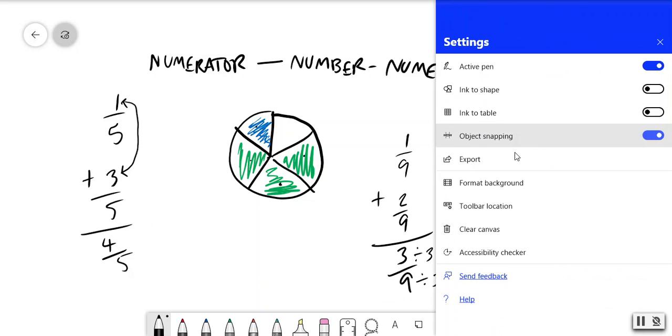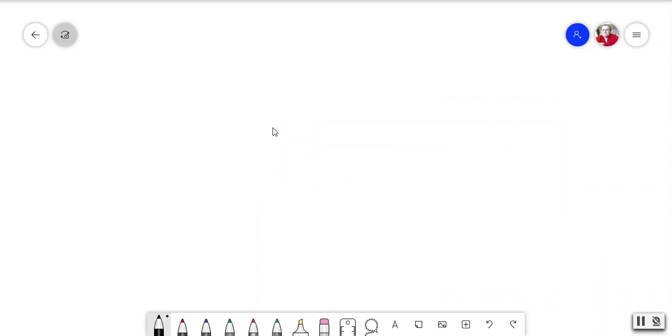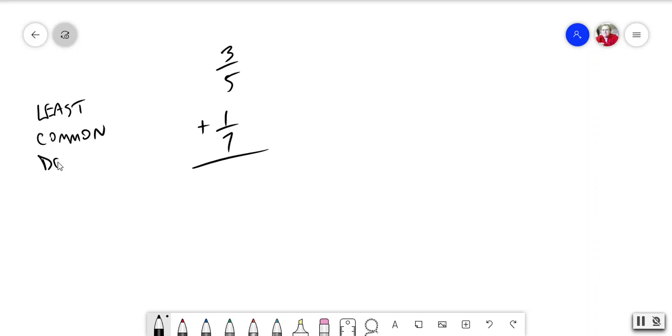Okay, so then if you are adding unlike denominators, you have to make them be common denominators. And the way you see if they're common denominators is you say, what is the least common denominator?